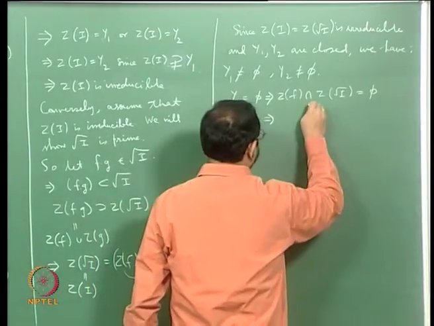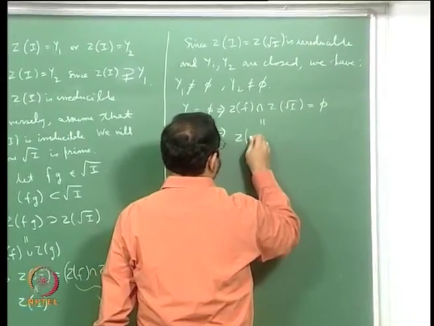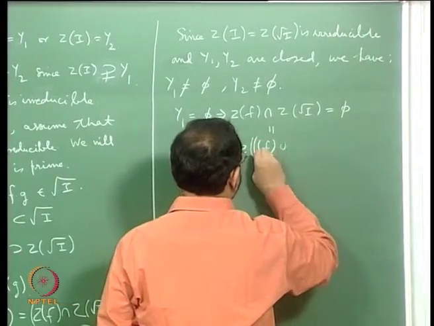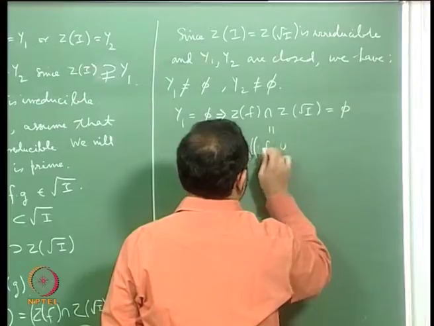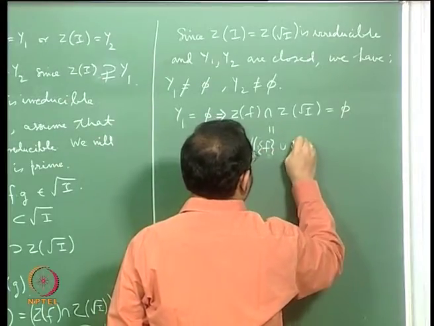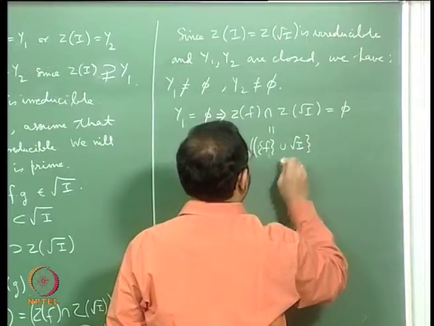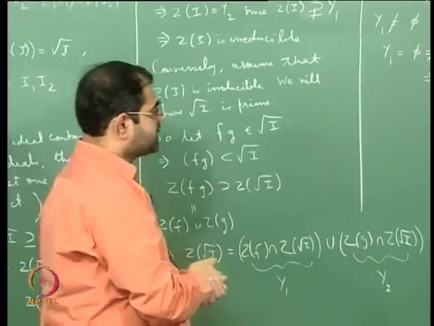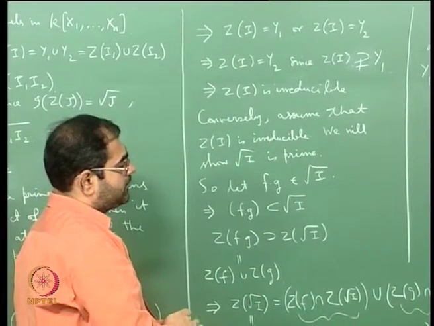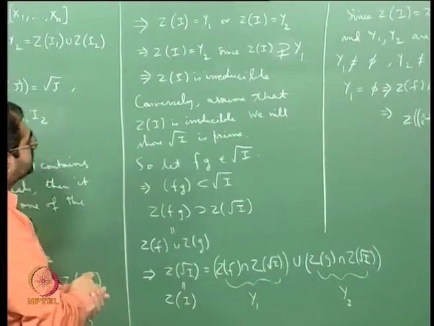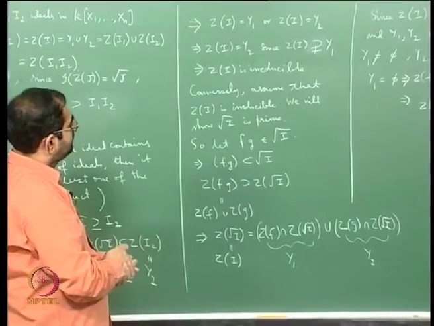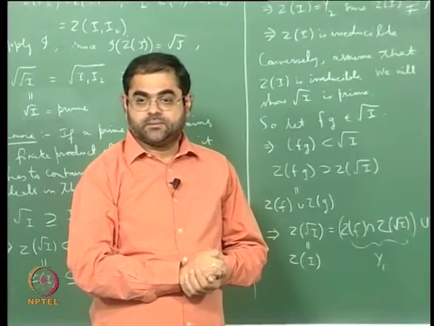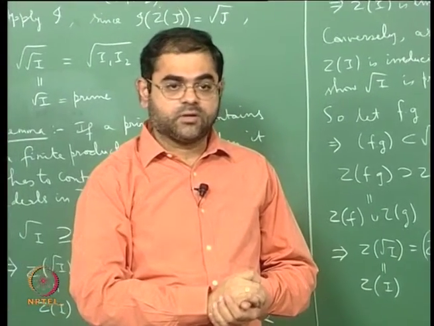Well, this intersection is supposed to be Z of f union Z of the ideal generated by f union rad I. Right, this is what it is supposed to be by definition. How do you show that algebraic sets form a topology?